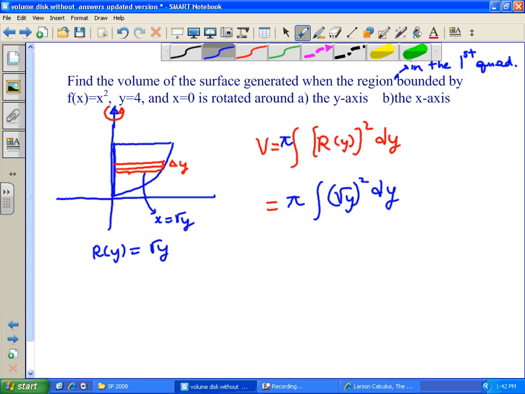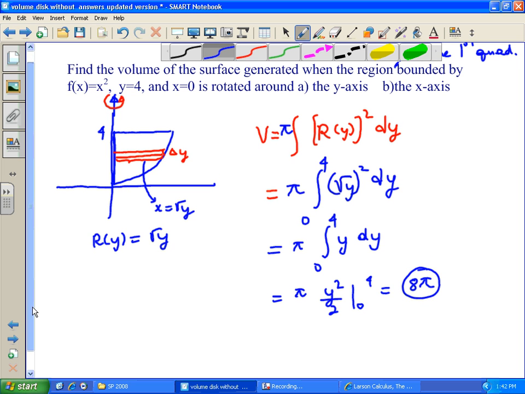Where will they come from? 0 to 4, because it should come from the y-axis if you have a dy, right? So 0 to 4. So we should integrate y with respect to y from 0 to 4. So that will give us 8 pi.